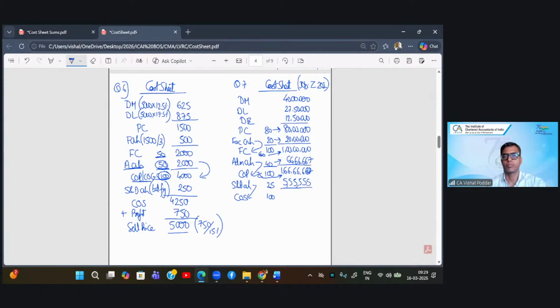Correct? It will be 55 lakhs, 55,555. Yes.